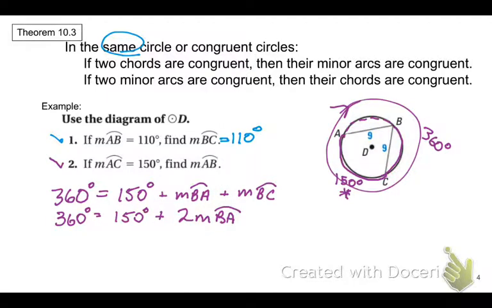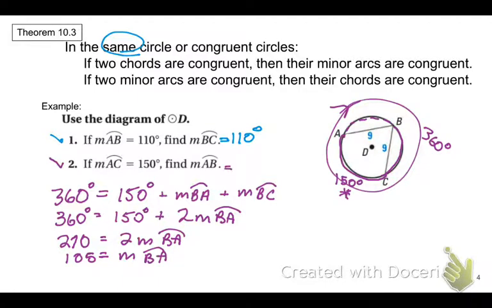So 360 minus 150 is 210, which equals 2 times the measure of arc BA. So 105 equals the measure of arc BA.